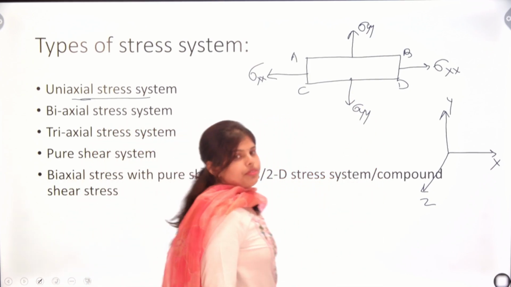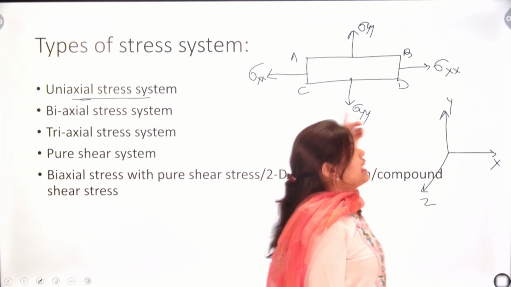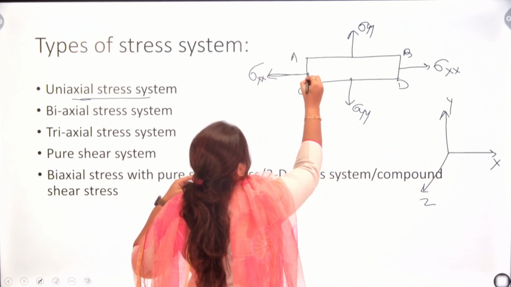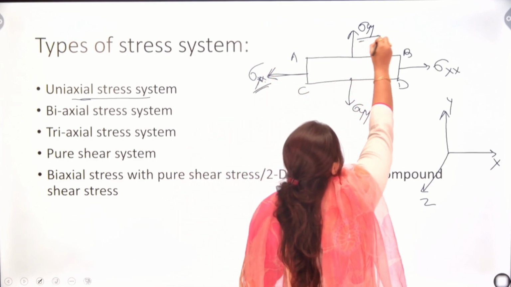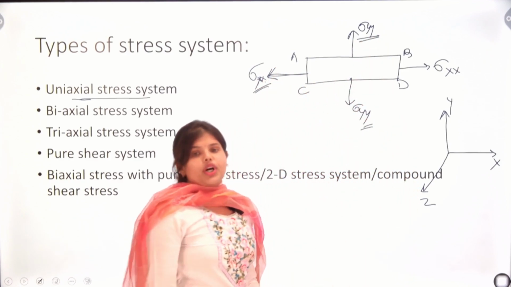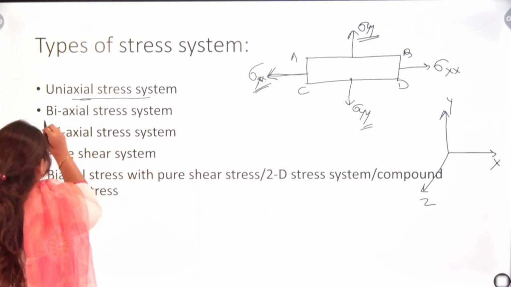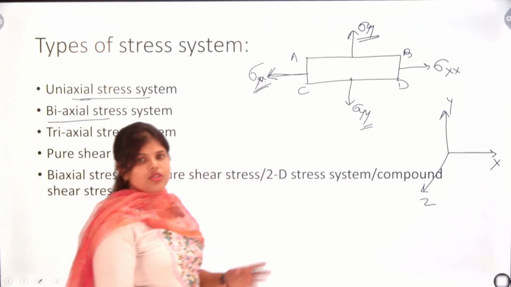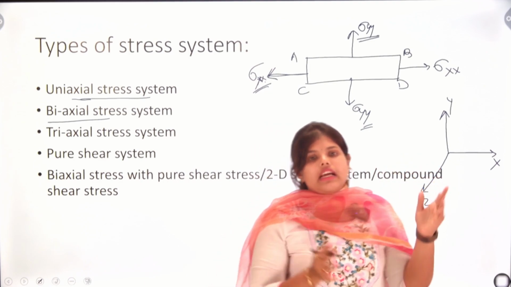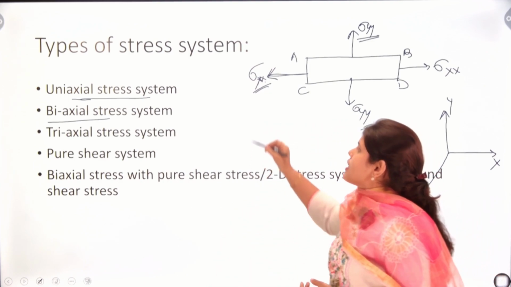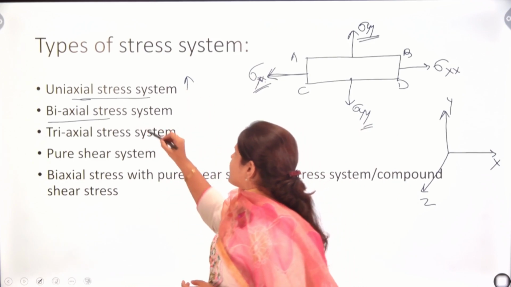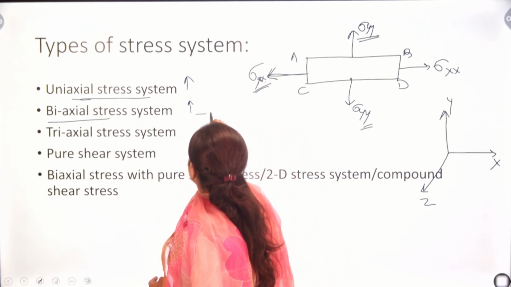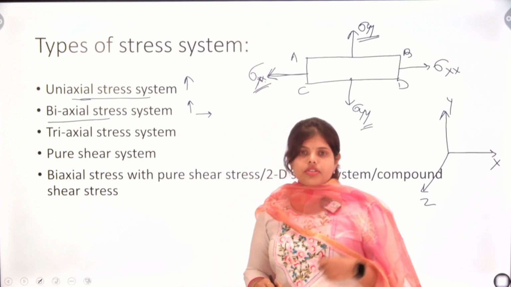But if in case of any object, stress is acting in both directions, like here in x direction and here in y direction, we will term that as biaxial stress system. There is nothing much bigger in uniaxial stress system, so stresses will act in only one direction. In biaxial stress system, stresses will act in two directions.